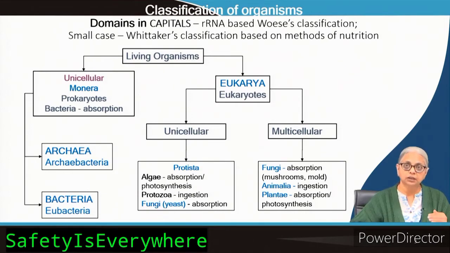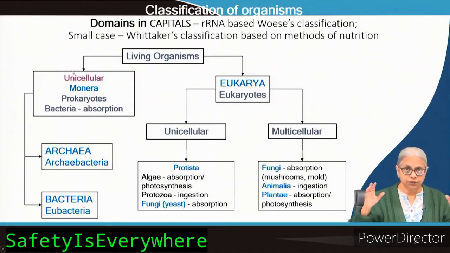The current one, which all current microbiology textbooks use, is based on Woese's classification. It's based on ribosomal RNA. I will come to that later. This other classification is the one that we studied when we were in school, and that is Whittaker's classification, which is based on methods of nutrition. So just to make sure that we are very clear about the two ways of classifying all living organisms, it's very important so that there's no conflict, no contradiction.